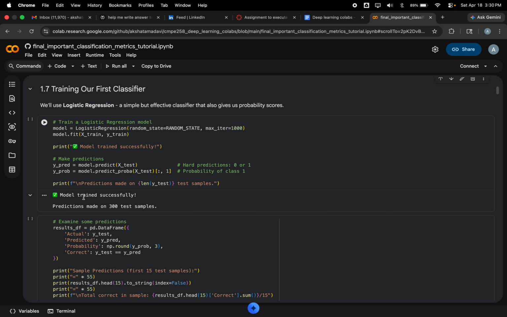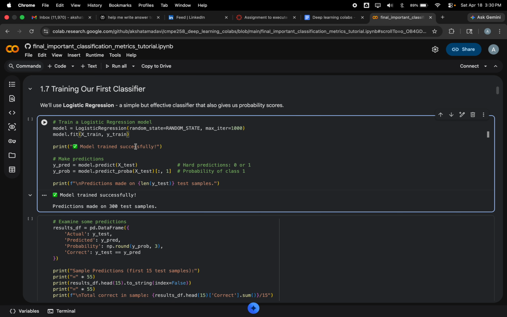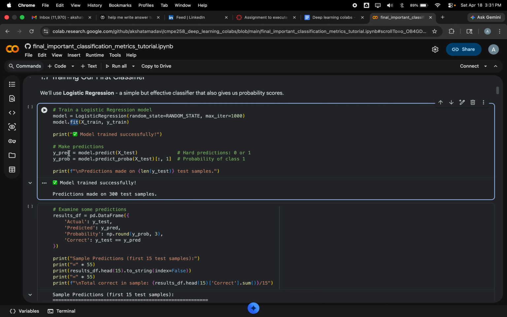Now we are using a logistic regression here. It's a very simple but effective classifier that also gives probability scores. So here we are creating the model, then we are fitting it, and then we are creating the predictions and prediction probabilities.